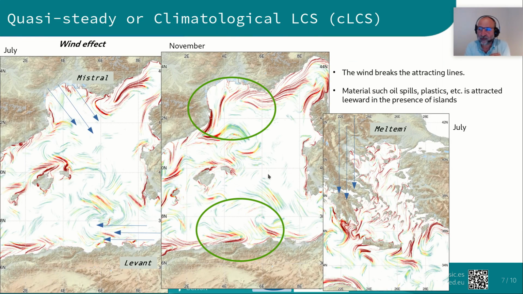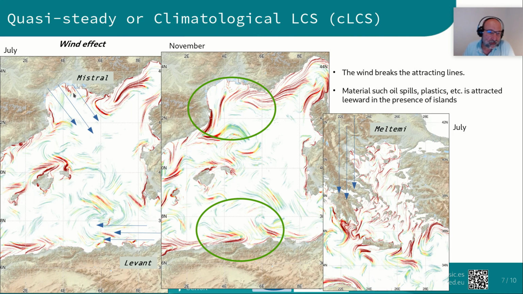The wind effect is very clear on the climatological Lagrangian coherent structures. For instance, in the Northern Current here, we see how it is associated with attracting lines. This is November, and also the Algerian Current.